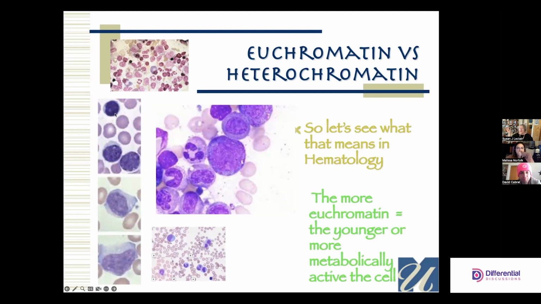So this cell should be dead, or should be at least 87 years old and not going to do much. But when you stimulate this cell, it can reverse itself into a reactive lymphocyte because it's being stimulated to unpack itself.